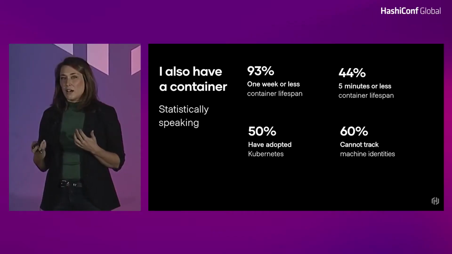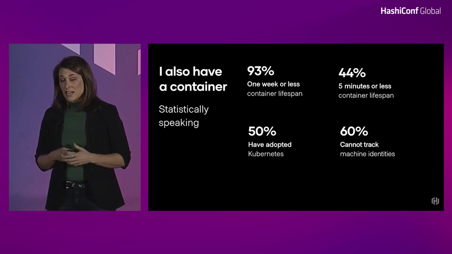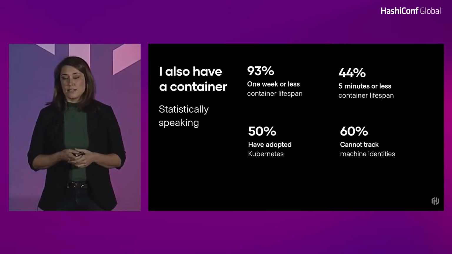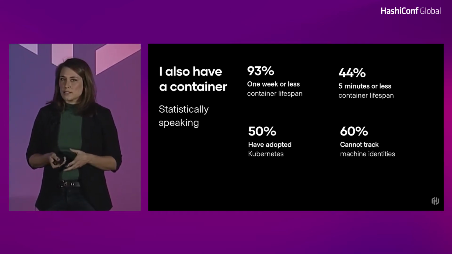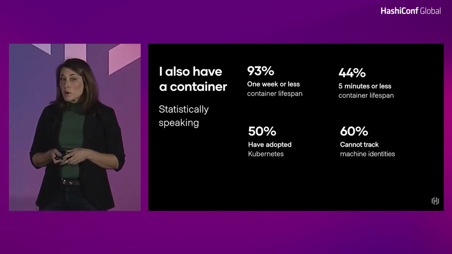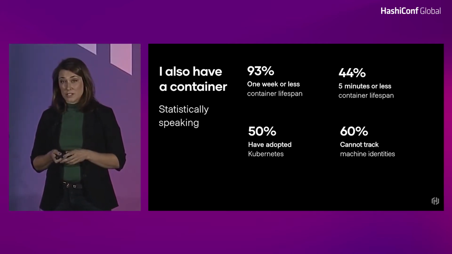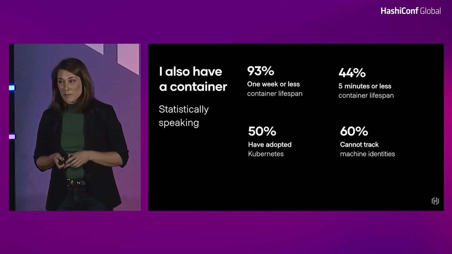But if we look on the flip side of this, and we start looking into containerization and this dynamic, ephemeral workflow, we'll see that according to Sysdig, 93% of containers live for 1 week or less. 44% of containers live for 5 minutes or less.